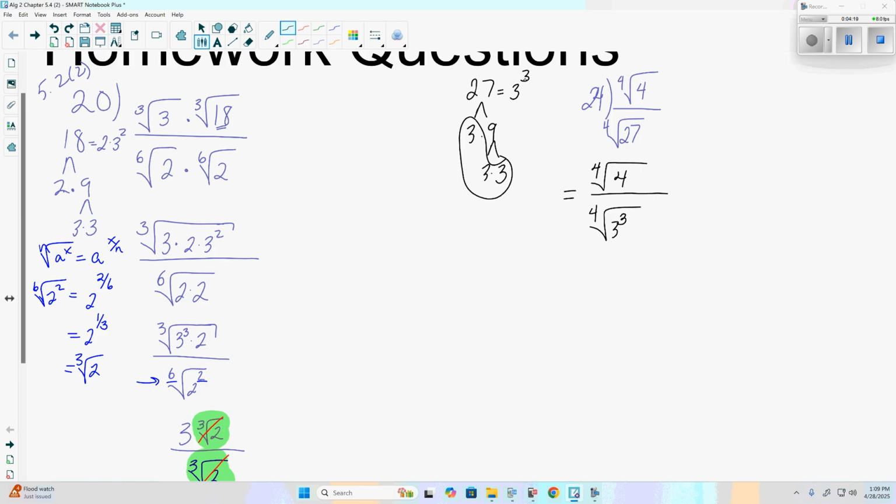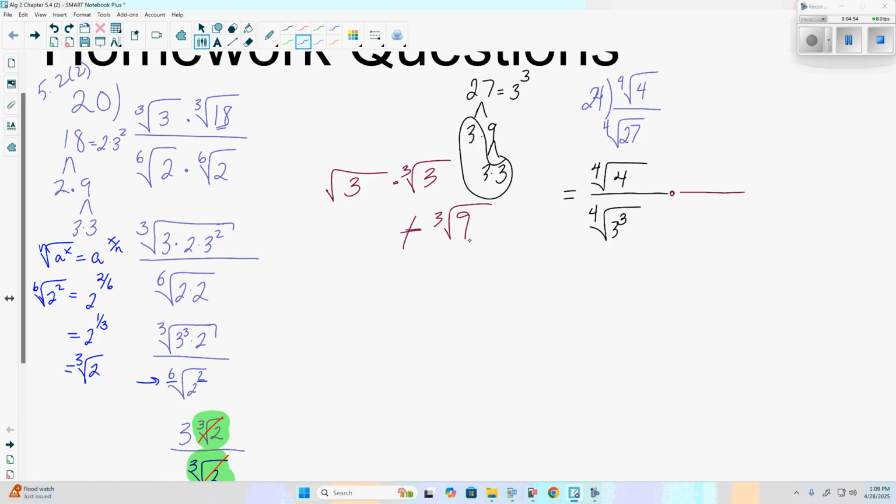Now the fourth root of 4 and the square root of 2 do give us the same value, but we're going to leave it as the fourth root of 4, because even if we reduce it to a square root, we don't have a radical that's the same on top and bottom. We'd have a square root on top, fourth root on bottom. We can't multiply different roots together, because a square root of 3 times a cube root of 3 is not going to be the same as the cube root of 9 or the fourth root of 9.